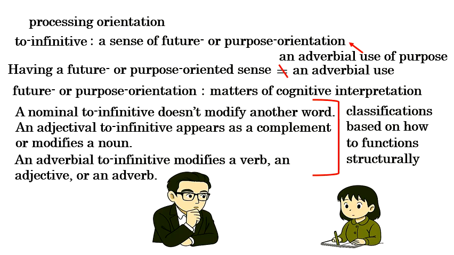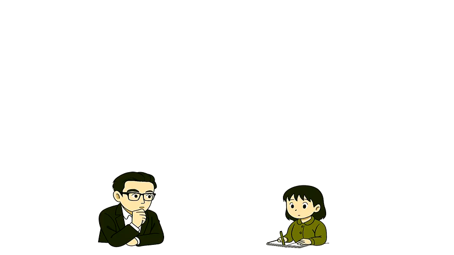Exactly. The processing orientation associated with to infinitives isn't limited to adverbial uses. When a to infinitive appears where a subject would normally be expected, you tend to take it as an adverbial use of purpose. That's because a processing orientation tends to kick in, and you interpret it as expressing purpose.